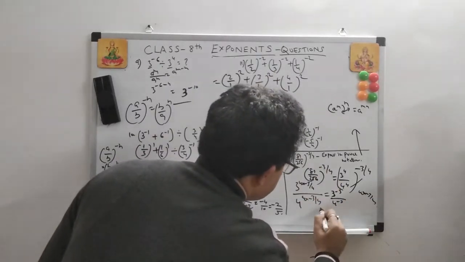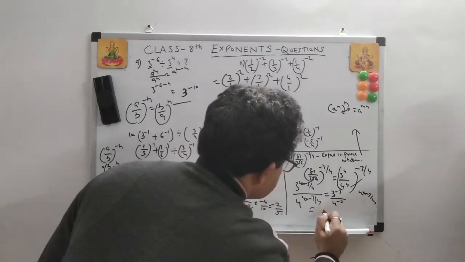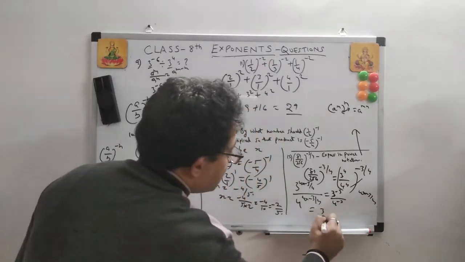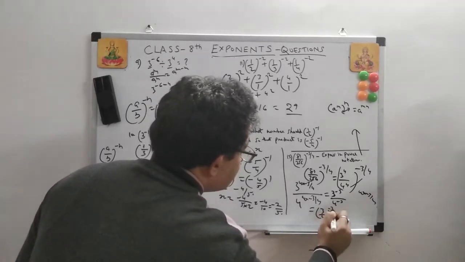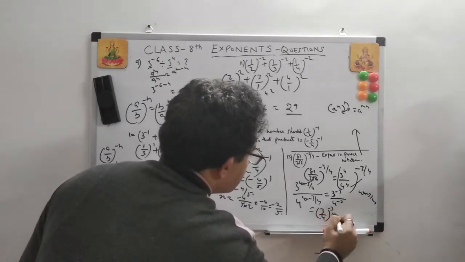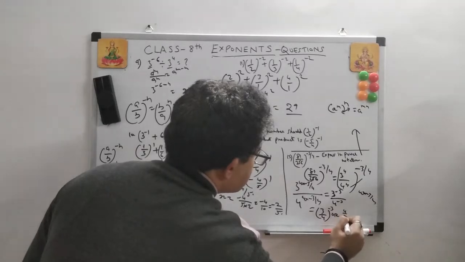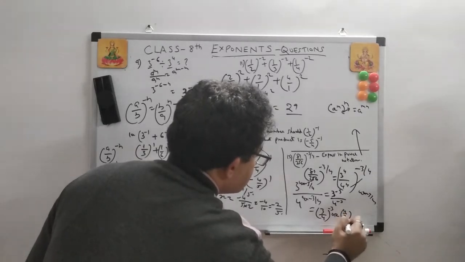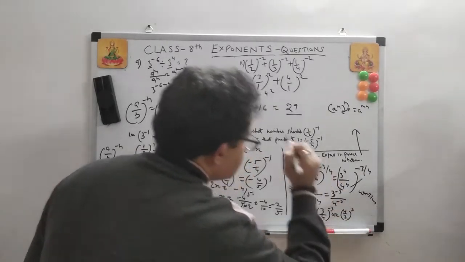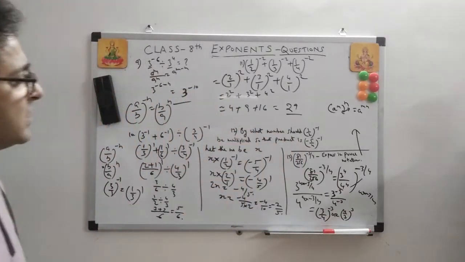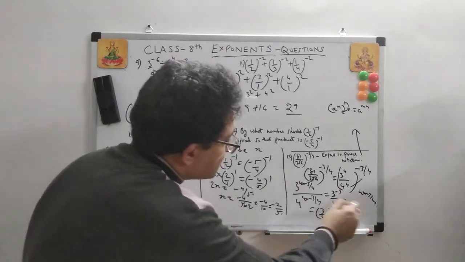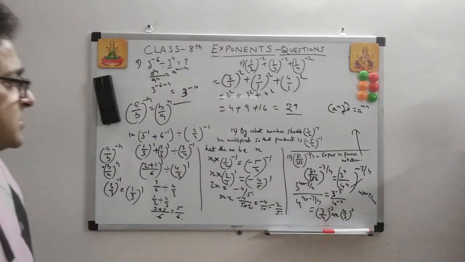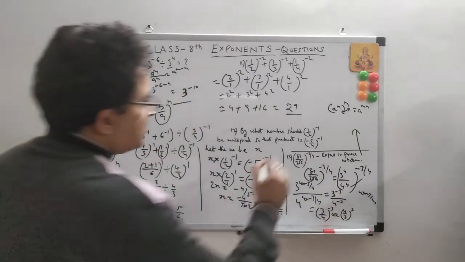Which means this you can write as 3 upon 4 to the power minus 3, or 4 upon 3 to the power 3. You have to leave it in the notation form only. So express in power notation. You don't have to solve this. This is the answer. Let me check again.